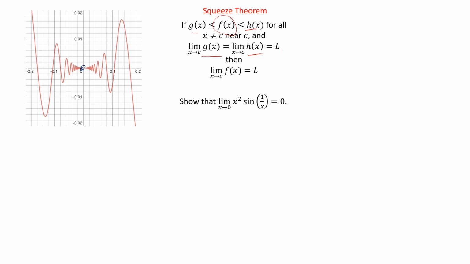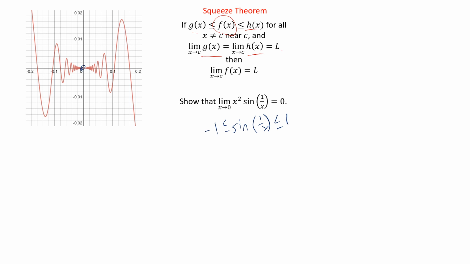But how are we going to show that? Well, we need a function above and below. What we know about sine of anything, we're going to call sine of 1 over x, is always in between -1 and 1.